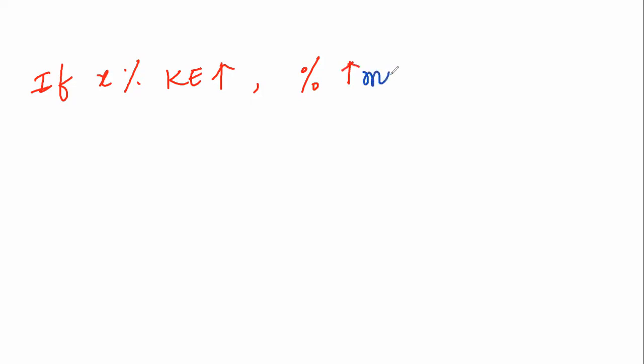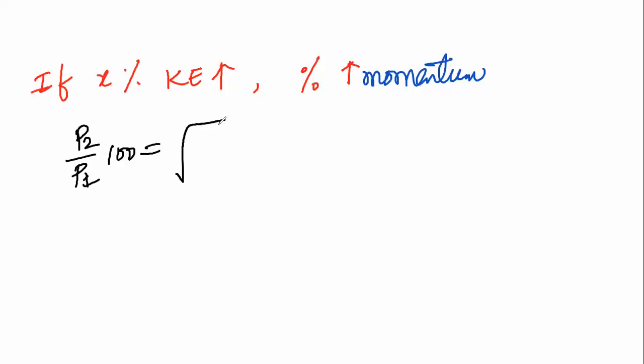So the shortcut formula for this is percentage of increase in momentum, P2 divided by P1 into 100, is equal to square root of KE2 by KE1, minus 1, into 100, since KE is equal to P square by 2m.